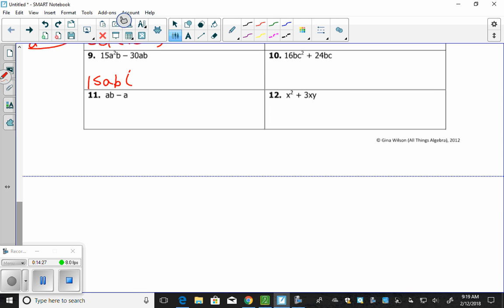A squared divided by A? A squared means A times A. B is just a B. AB, an A and a B. They have 1 A in common, so I wrote 1 A. They have 1 B in common.